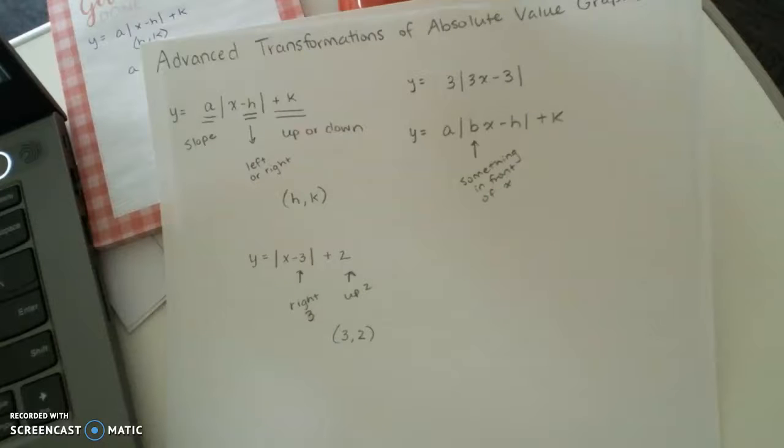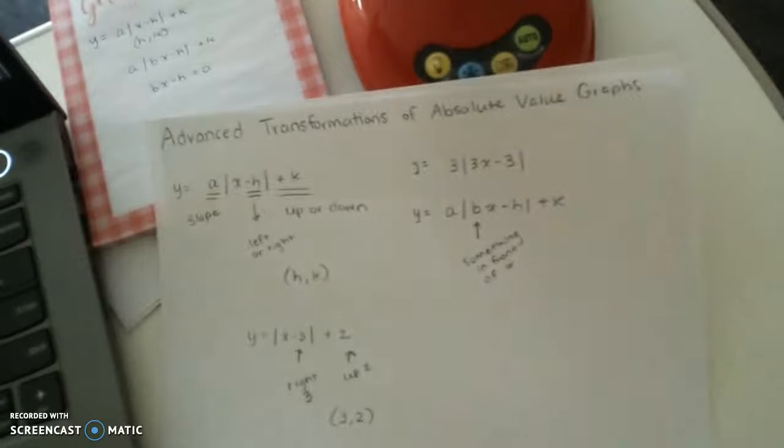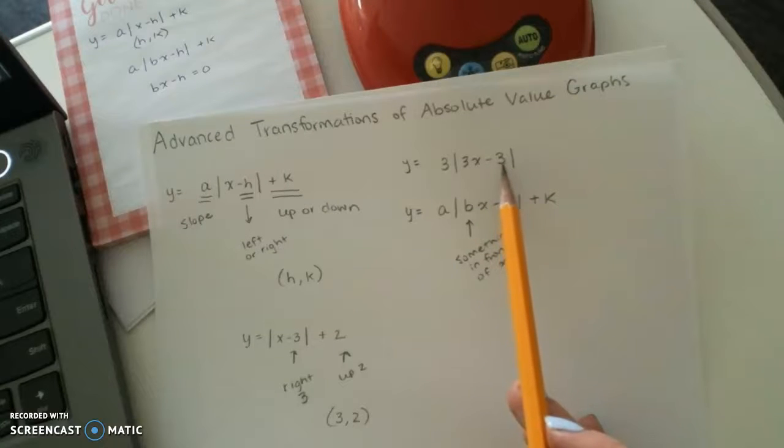So, our vertex is going to be a little bit more difficult to find because now we have something in front of our x. We can't just simply shift the graph left and up, right and up, whatever it may be. We can't just shift this graph 3 to the right, which is what we would usually do.